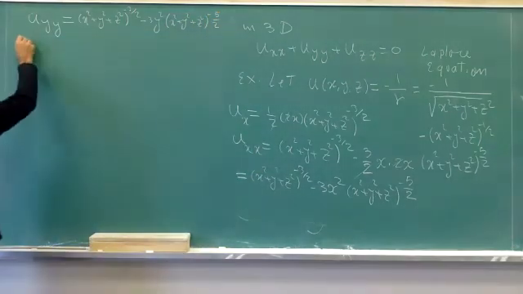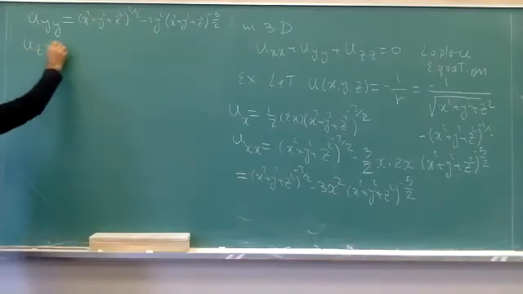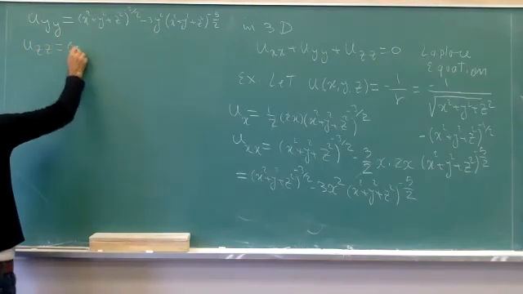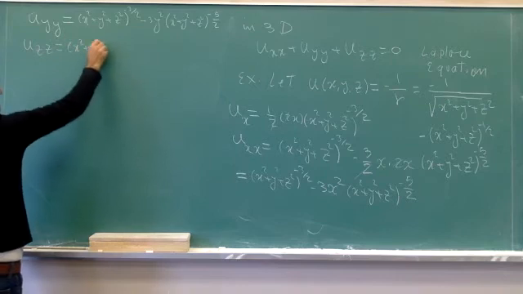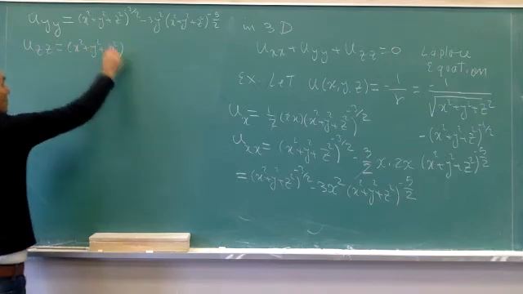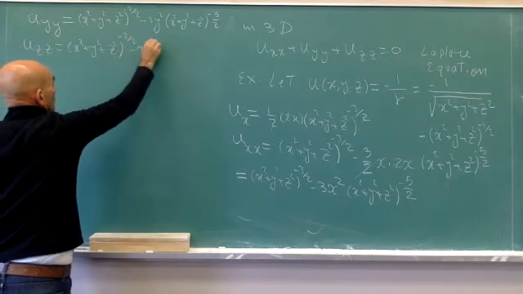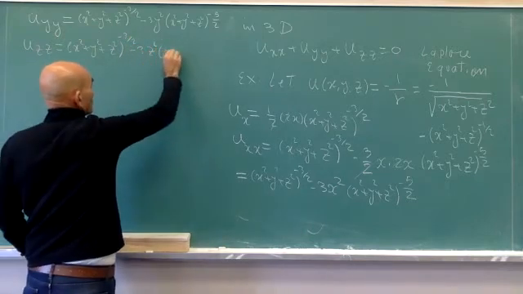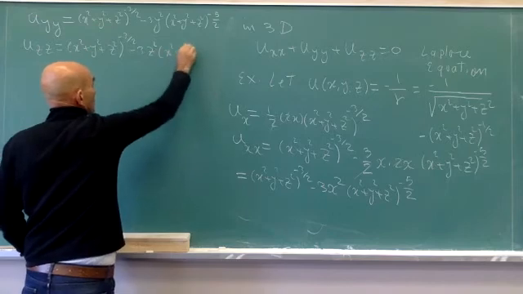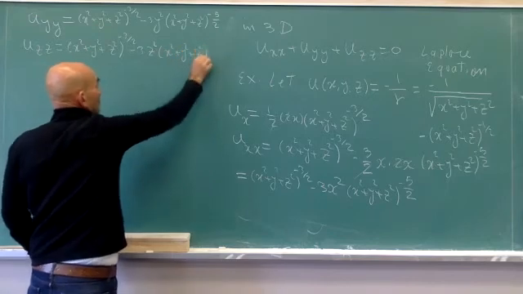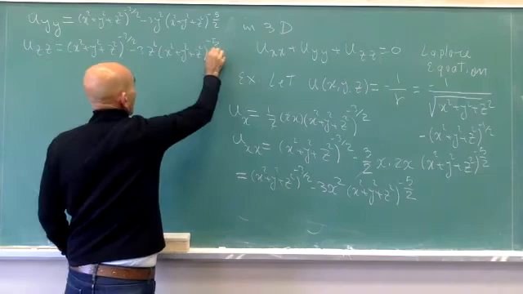And similarly, uzz is the same: (x² + y² + z²) to the power negative 3/2, negative 3z², finally, times (x² + y² + z²) to the power negative 5/2.